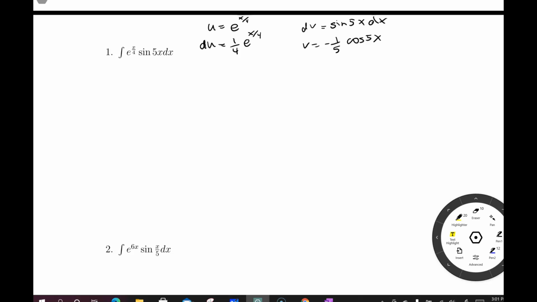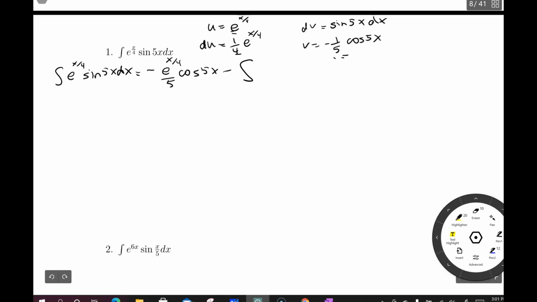Okay, so let's put it together. So I need the original problem, so I'm going to carry it along. So I'll get uv, so negative e to the x over 4 over 5, minus the integral of v du. So I'll get negative 1 over 20.